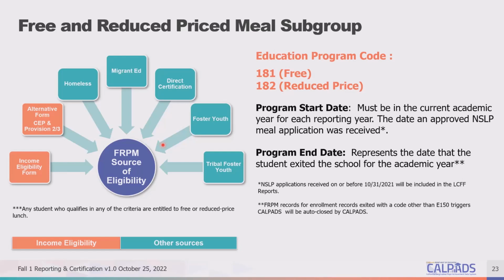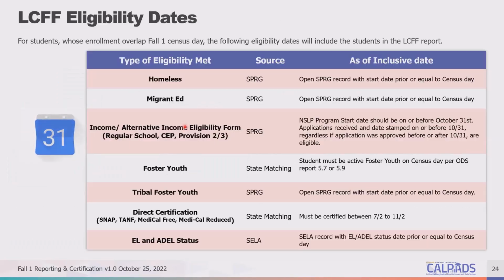The FRPM meal subgroup is just a subgroup on a bigger scale, so that comprises the LCFF subgroup, which we will discuss in a few minutes. The LCFF, as I've mentioned, is essentially the FRPM subgroup plus the EL students and ADEL students.